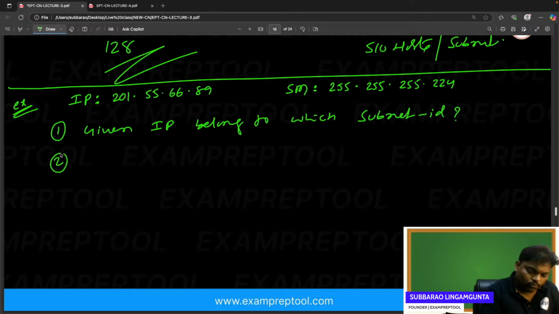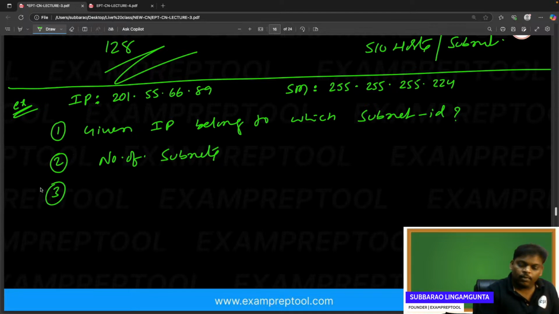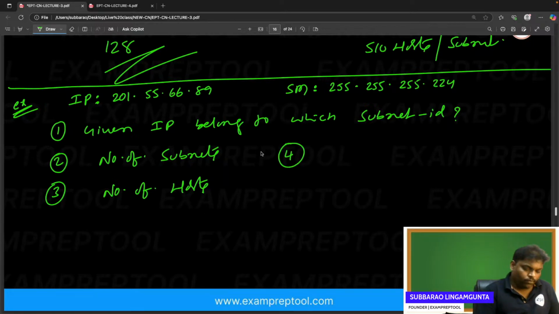Question number 2, number of subnets how many? Question number 3, number of hosts how many? Question number 4, given IP address present in which subnet number?